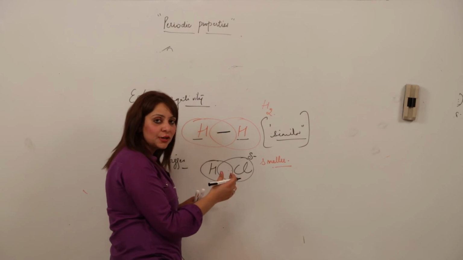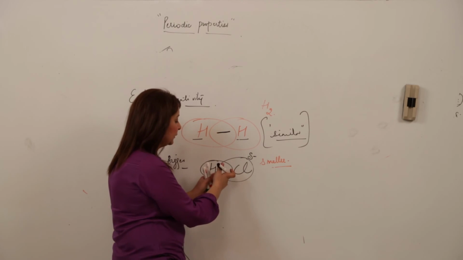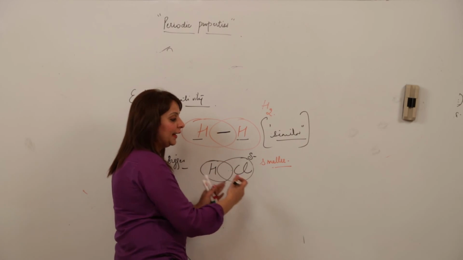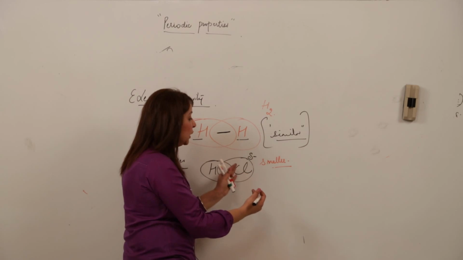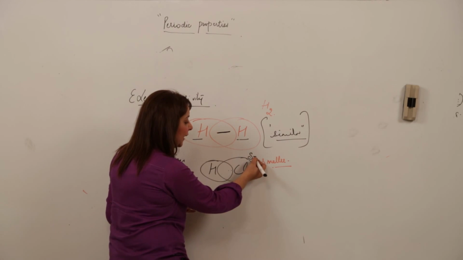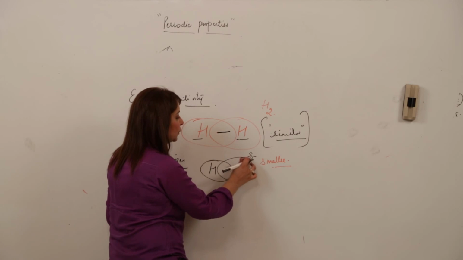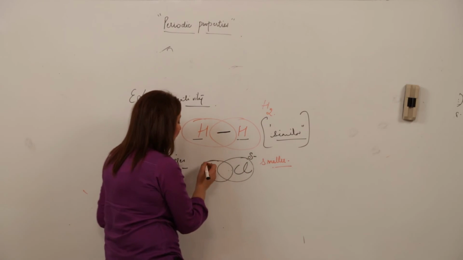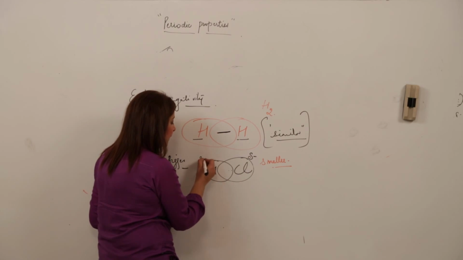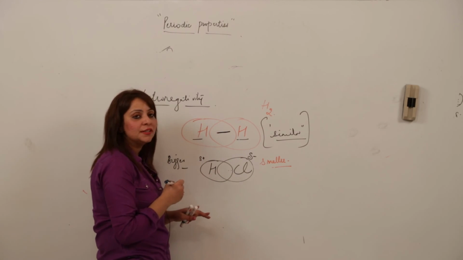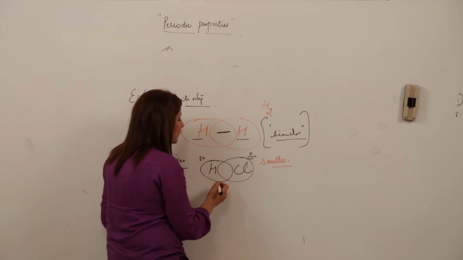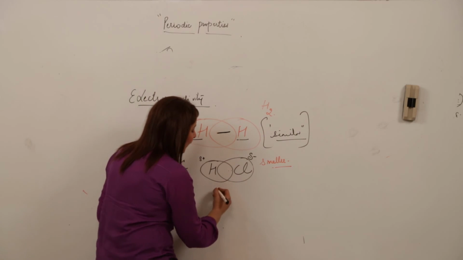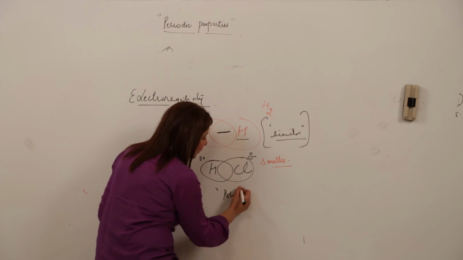Earlier they both were neutral, but when they are bonded to each other, the shared pair gets displaced a little due to the smaller size of chlorine. So it gets a partial negative charge because electron density around the chlorine now increases, and compared to hydrogen there is a decrease in electron density. That means hydrogen has acquired a partial positive charge. So this makes the covalent bond polar in nature.